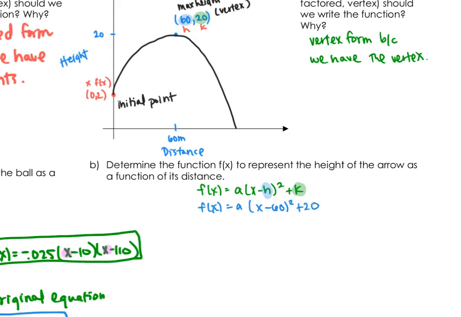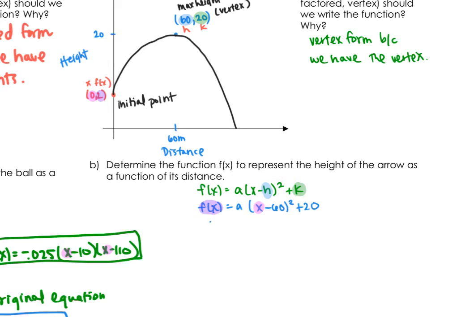In order to write our equation, we have to solve for a. So this is where this other point comes into play. We're going to plug in 0 for x, and then plug in 2 for f of x, and then we're just going to work backwards.